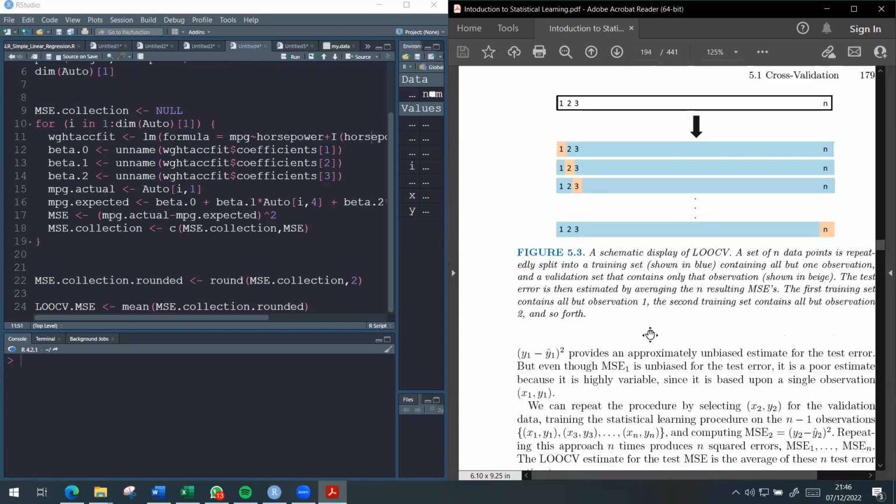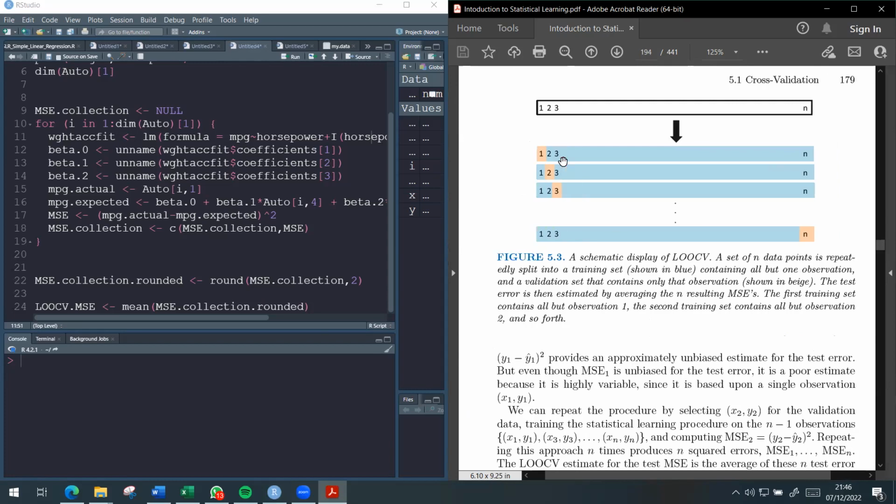In the leave one out approach, you leave out the first observation, you perform the model fit on everything else, the blue, and then you use the parameters estimated based on the blue data to predict the response for the left out data, and you calculate the square error, right?